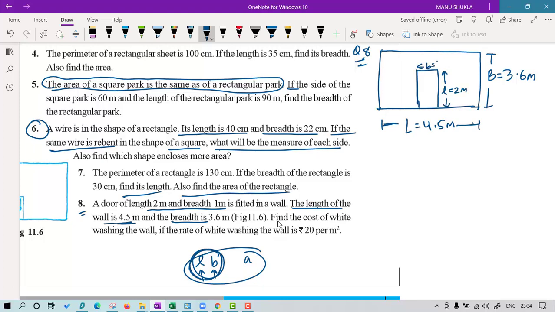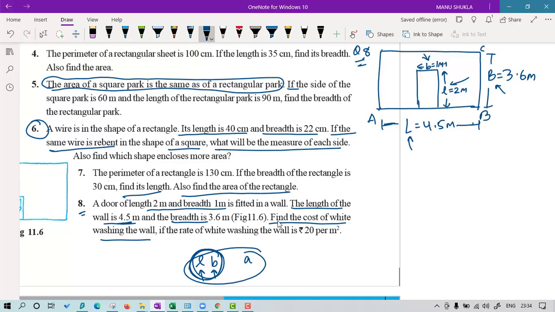I have taken small l, small b for the door and capital L, capital B for the wall. Okay. Now what they are saying is find the cost of whitewashing the wall. So there are two ways. You can go with this, or you can use the naming process, A, B, C, D, like that, and by that also you can solve this question.